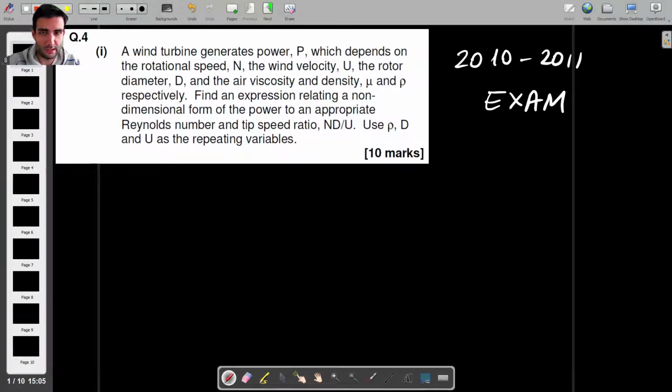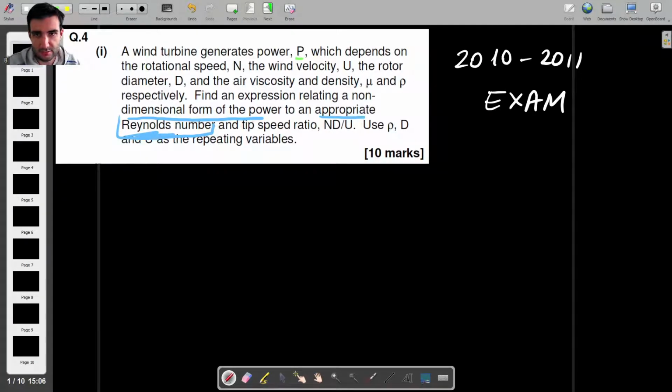A wind turbine generates power, denoted as P, and that power depends on the rotational speed, the wind velocity, the rotor diameter, the air viscosity, and density. What the question wants is an expression relating a non-dimensional form of power to an appropriate Reynolds number.